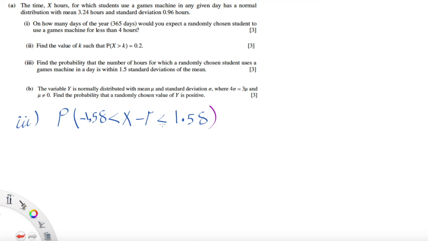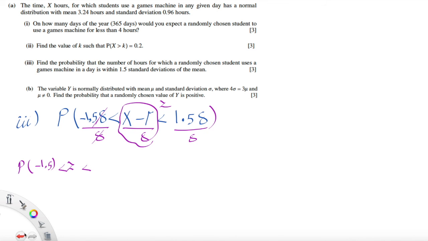Now we need to standardize. In order to standardize, mu is already subtracted, so we just need to divide by sigma, the standard deviation. So it will be z here. So probability of z greater than negative 1.5 and less than positive 1.5, sigma and sigma cancel out each other, which is equal to phi of the upper bound minus phi of the lower bound.